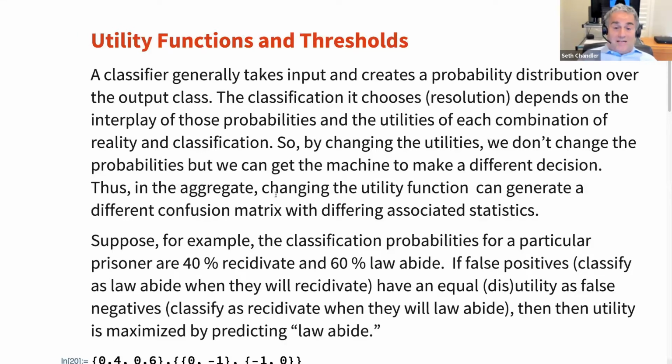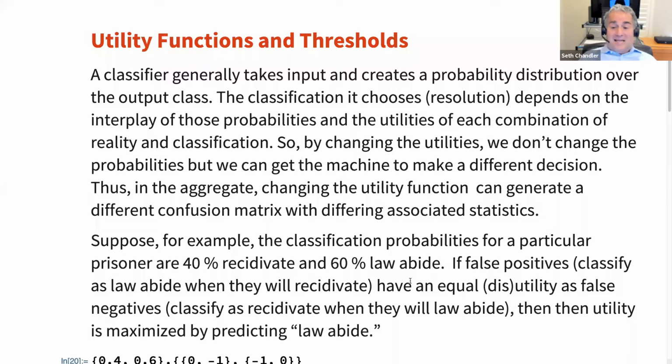In general, we need to think about machine learning and utility functions and thresholds. So the idea here is what do classifiers generally do? In general, they develop probabilities, a distribution over potential output classes for each individual. And they'll say, for this particular prisoner, we think it's 40% likely they'll recidivate and 60% likely they'll law abide.